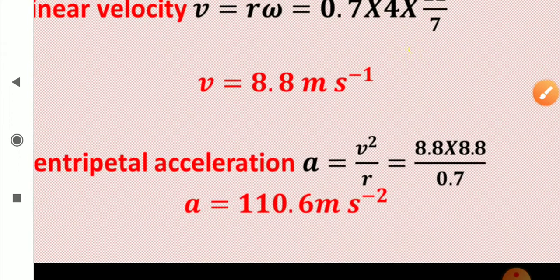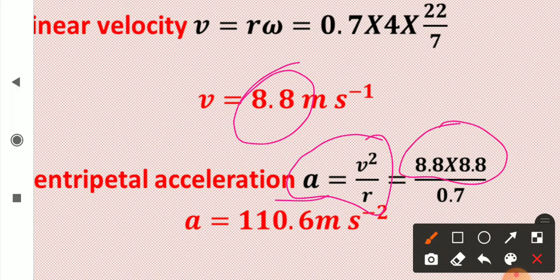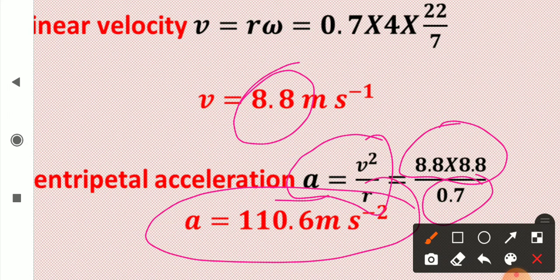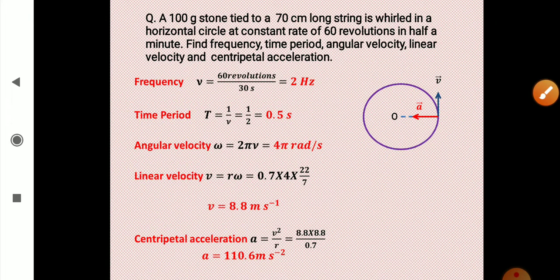And now centripetal acceleration a is v square upon r. Now v is this much. So multiply कीजिए, r is 0.7 meter, divide, and acceleration comes out to be this much, and unit is meter per second square. It is acceleration only. So in this way we can use all these formulae of uniform circular motion. Thank you for watching this video, and I hope that it is useful to all of you.